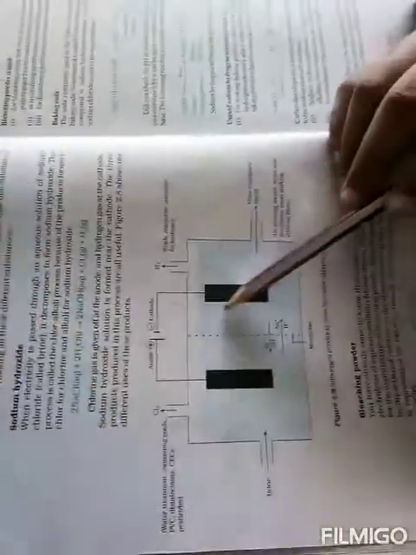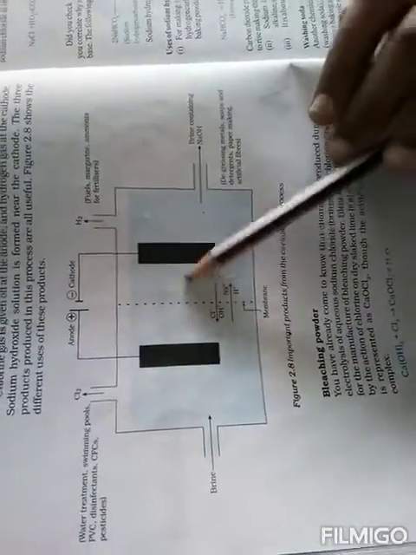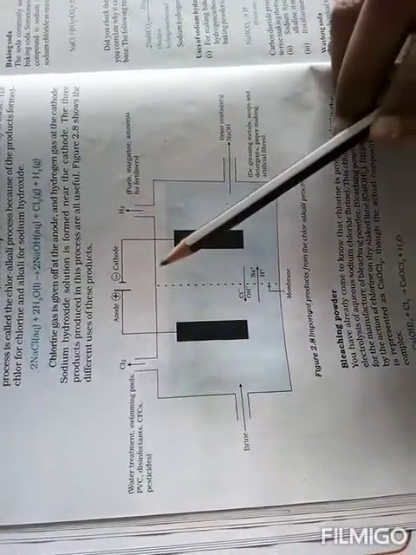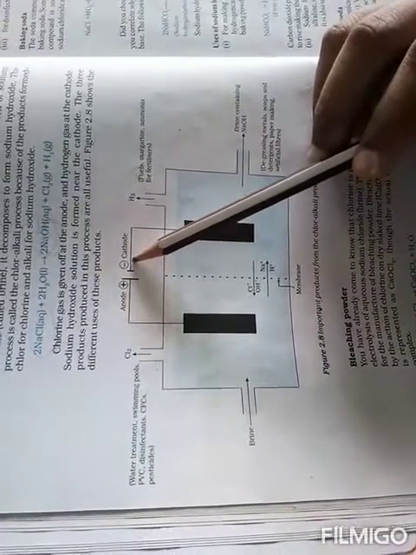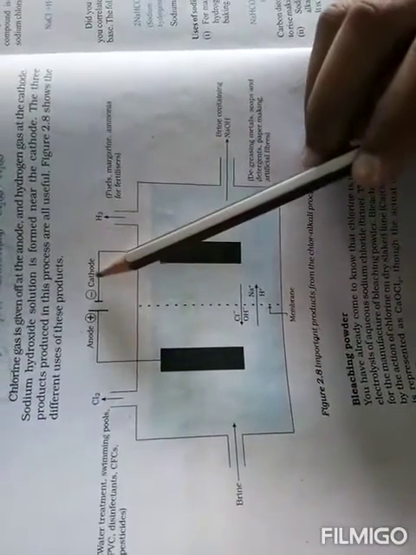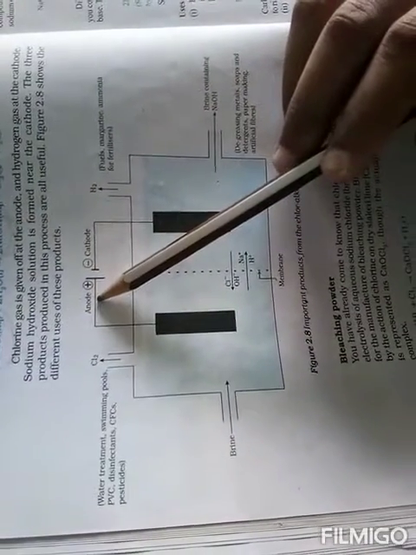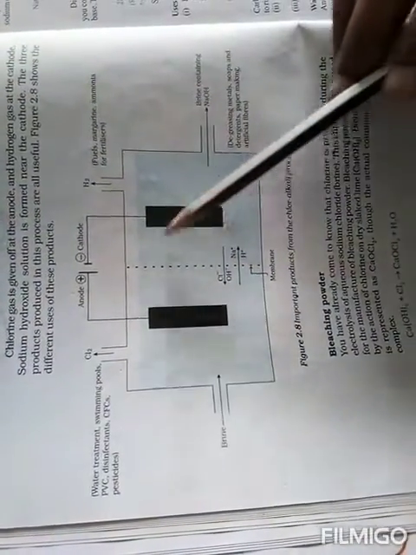Understood? Okay. Next, this is the schematic diagram which shows how the electrolysis of NaCl is done. As you all know, in this setup there are two rods. One is the anode and one is the cathode. The negatively charged rod we consider the cathode and the positively charged one we consider the anode. Then by the electrolysis of NaCl, we obtain chlorine gas, hydrogen gas, and mainly NaOH, sodium hydroxide.